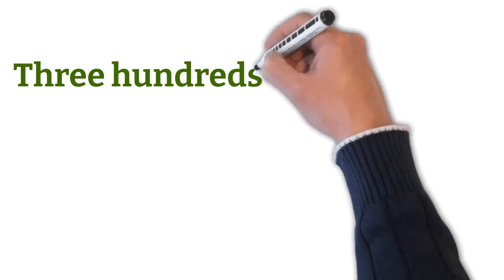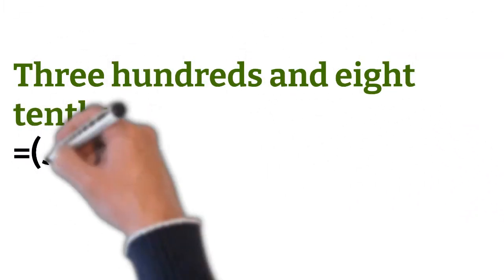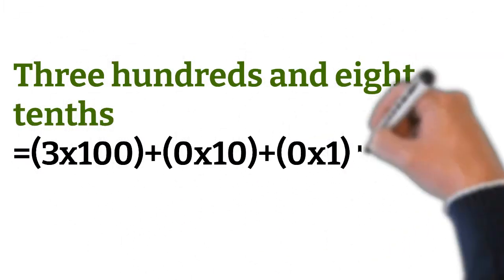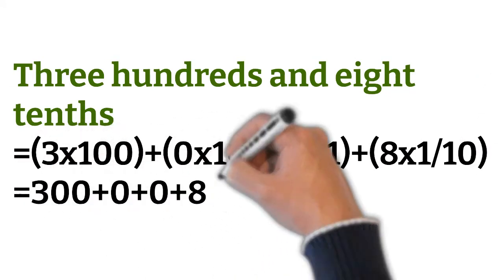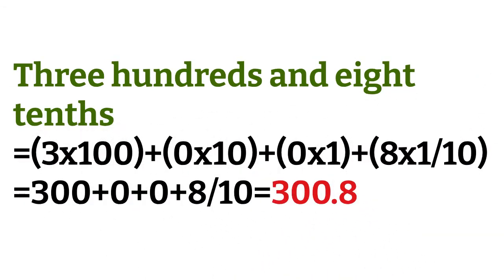And 3 hundreds and 8 tenths is equal to 3 into 100 plus 0 into 10 plus 0 into 1 plus 8 into 1 by 10, that is equal to 300 plus 0 plus 0 plus 8 by 10, that is equal to 300.8.